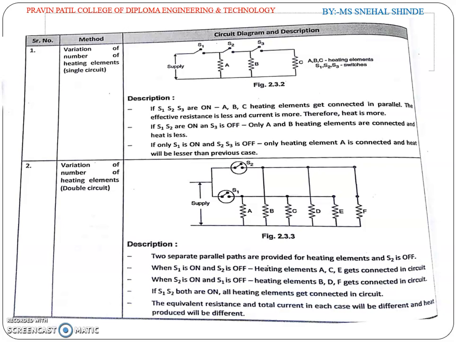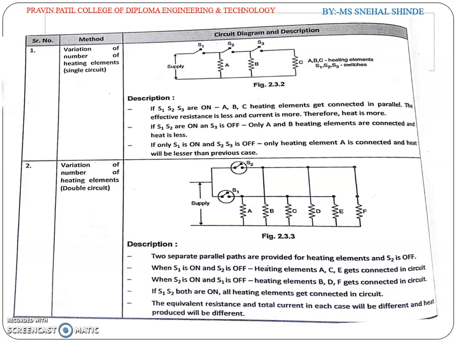If S1, S2 are on and S3 is off, only A and B heating elements are connected and heat is less. If only S1 is on and S2, S3 are off, only heating element A is connected and heat will be lesser than the previous case.